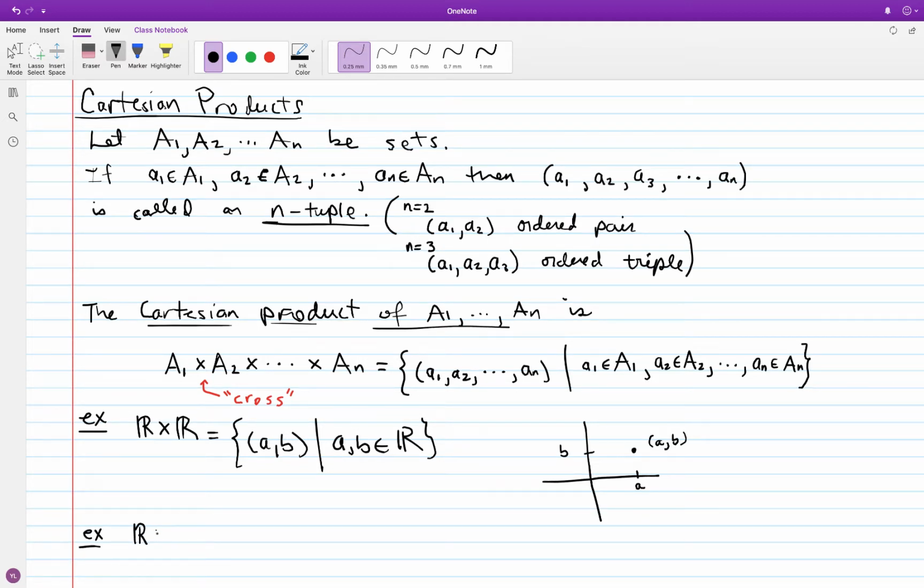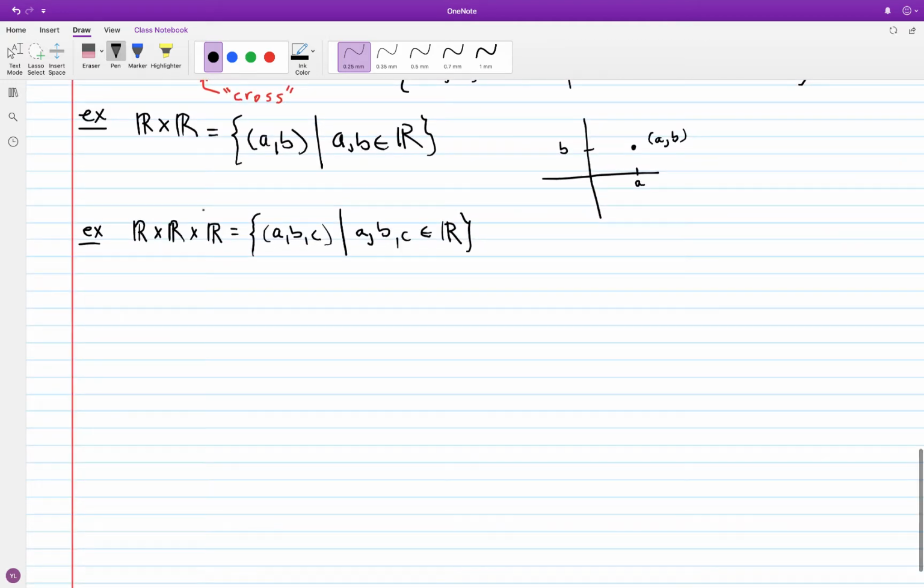Of course, you can do this in any dimension. So if you take R cross R cross R, that is the collection of 3-tuples of real numbers. And you can get a drawing of three-dimensional space. This would be called three-dimensional Euclidean space. You just need three axes, and usually you only draw the positive axes because it gets hard to keep track of the negative axes.